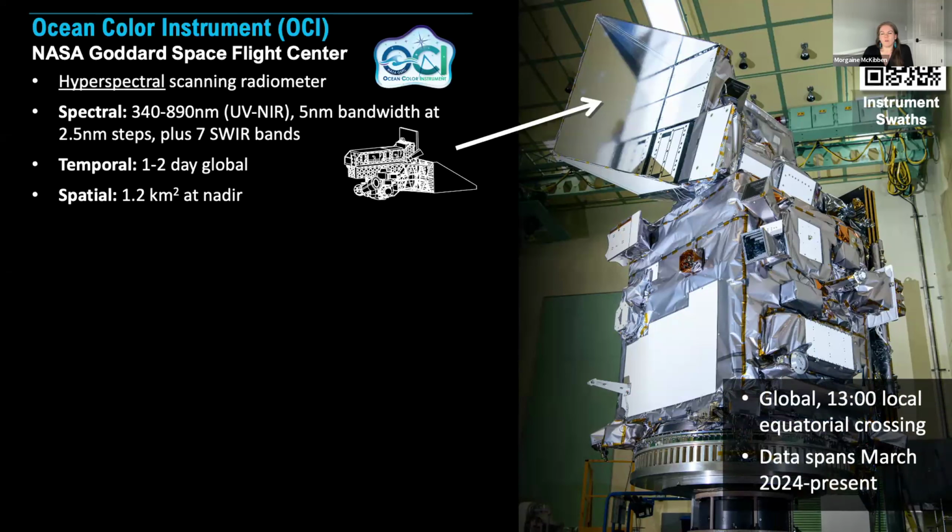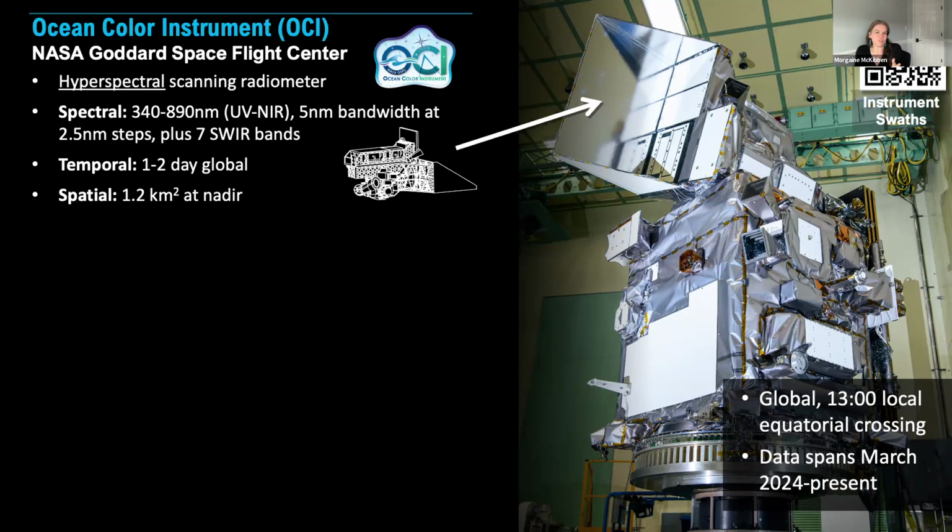On board PACE, we have the Ocean Color instrument. This is where we get the hyperspectral data. It's hyperspectral, as I mentioned earlier, from the UV through the near infrared. The specifics are there in the bullets, plus our 7 SWIR bands. We have 1 to 2 day global coverage and a pixel size of up to 1.2 kilometers. And don't let the name fool you.